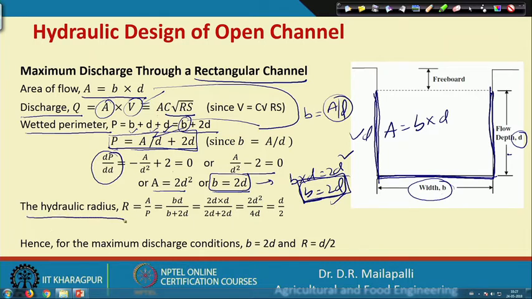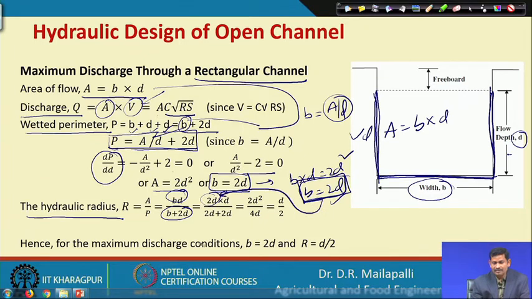Then the hydraulic radius r is equal to a by p, where a is b d and p is b plus 2d. Substitute b as 2d, because this is the maximum case we got, b is equal to 2d. Then 2d square by 4d, you get d by 2.